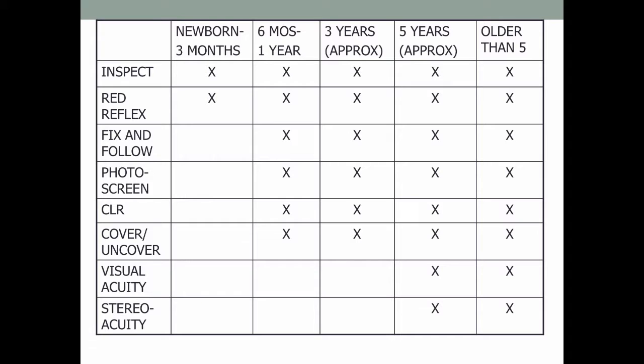So this chart's just a friendly reminder of the aspects of the exam that you really want to do and the priorities for the different age groups. And you really expect that the ability to do the more sophisticated assessment goes up as the child gets older.